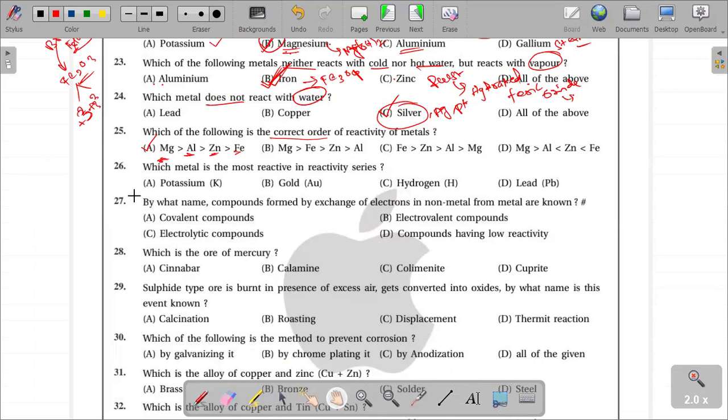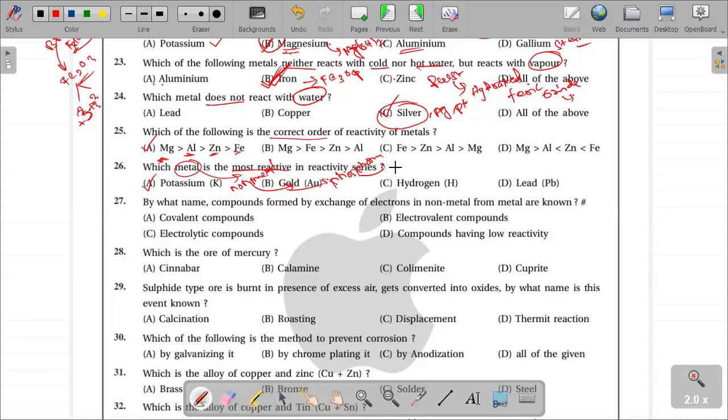One more question they will sometimes ask: which is the most reactive metal? Potassium is the most reactive metal. In the same way, if they give the question as non-metal, then you have to select phosphorus.